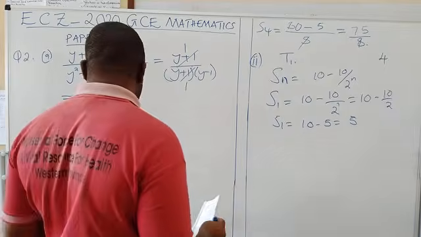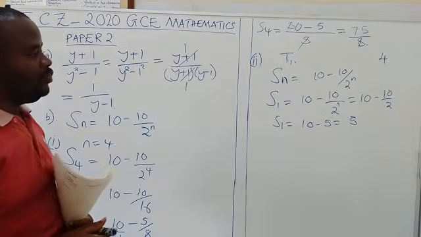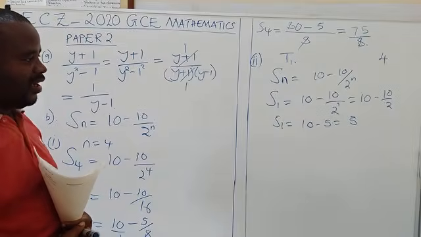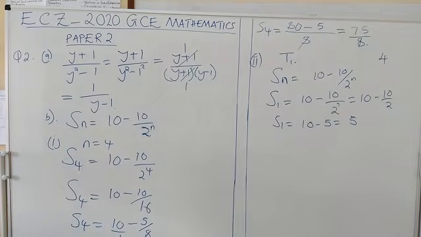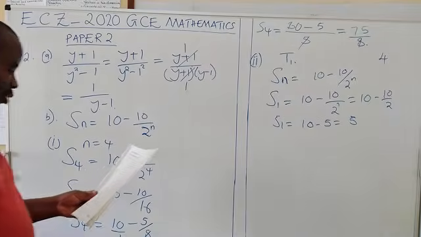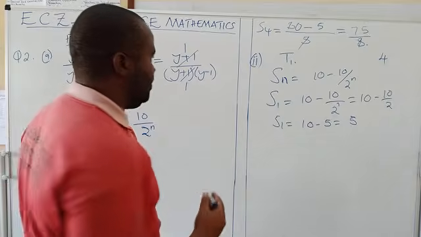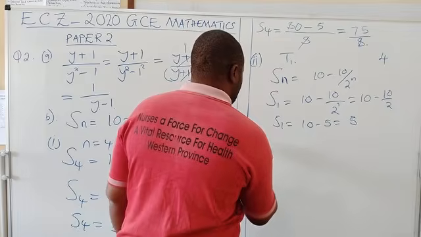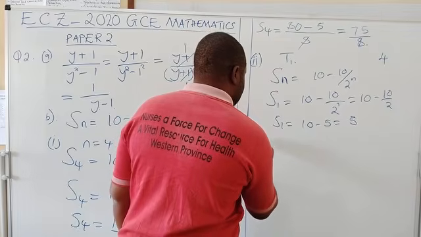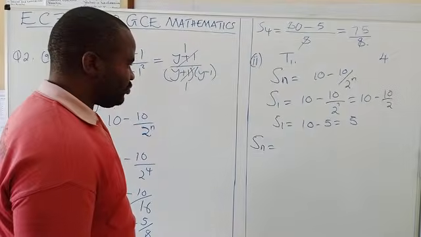But now, our interest here is to get the first term. So what can we do? Let us try to get the second term. Our interest is to get the first term, so we say the sum of the first two terms.